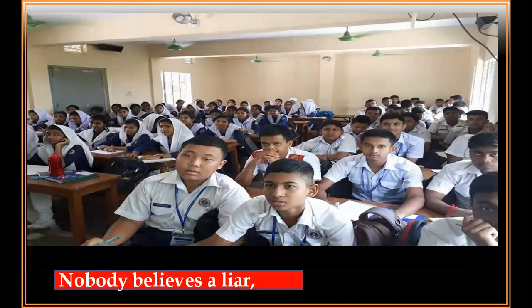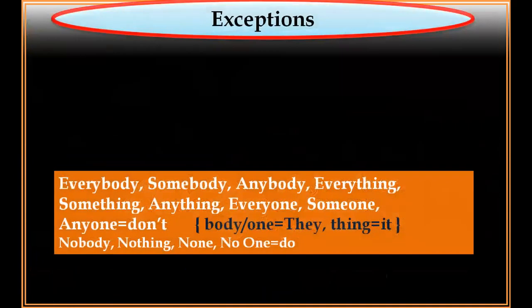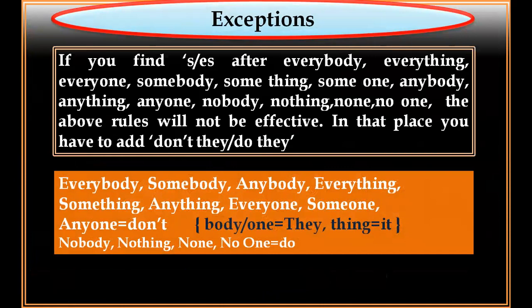My students, now look at the sentence. Nobody believes a liar. This sentence is in the negative form. As it is negative, we'll write here do they? Some exceptions here. If you find s or es after everybody, everything, everyone, somebody, something, someone, anybody, anything, in that place you have to add don't they or do they.